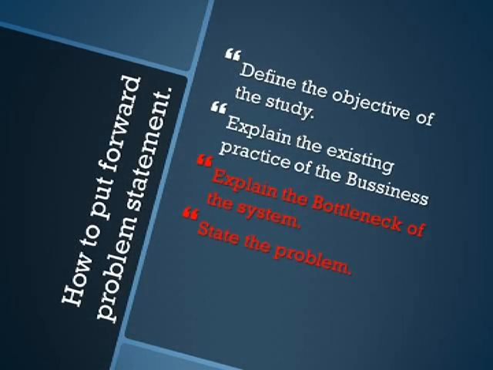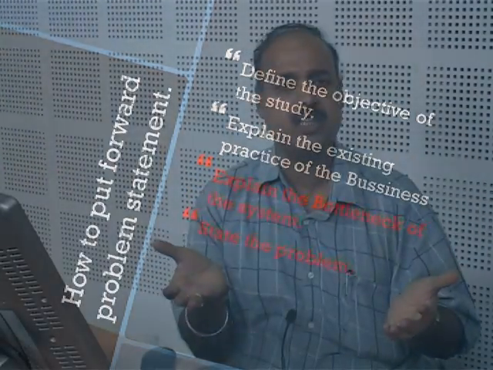That is the first thing. Then explain the existing practice of the business. Existing practice means whatever is going on within the systems: how the process works, what type of products we are manufacturing, the present capacity planning, the existing aggregate planning, and the existing inventory control methods.